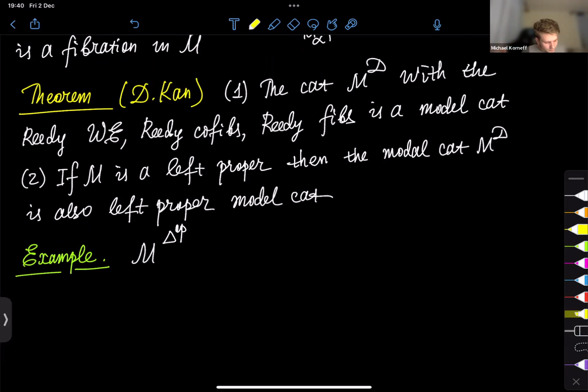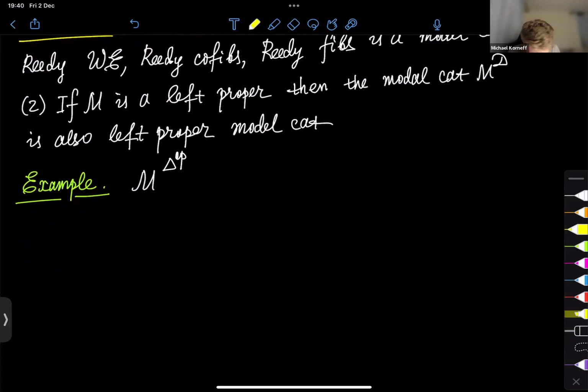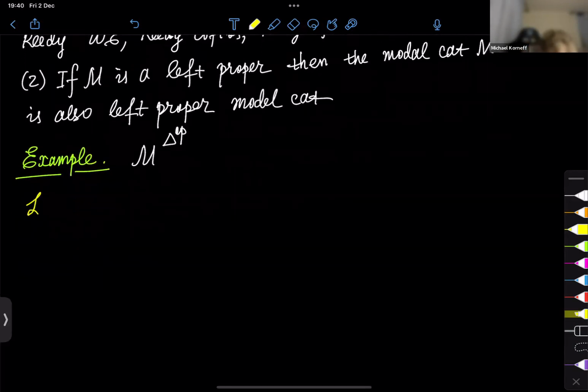In the previous talk, we proved a lemma, and I recall what the lemma is.